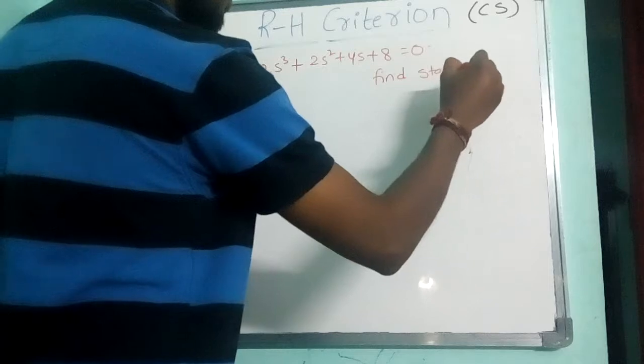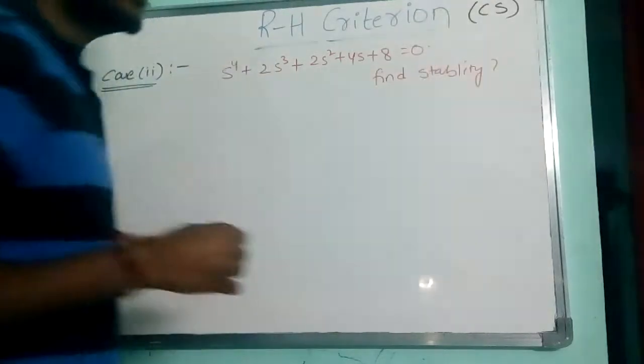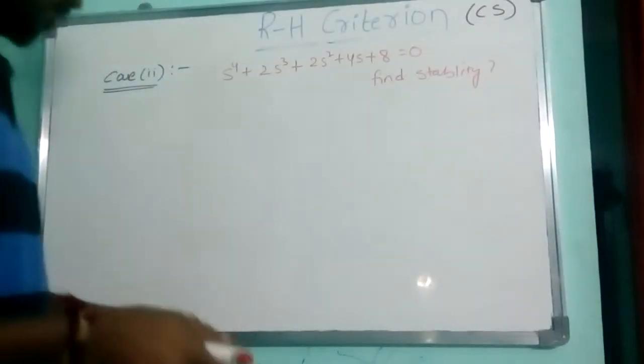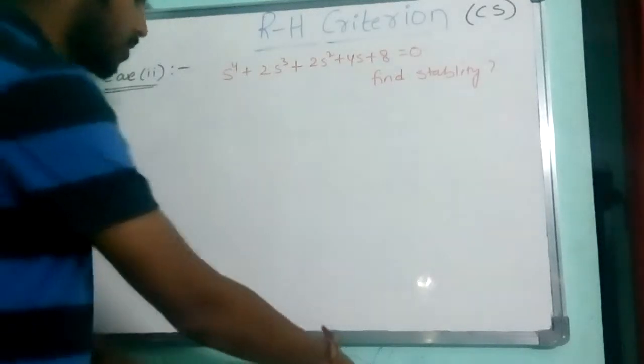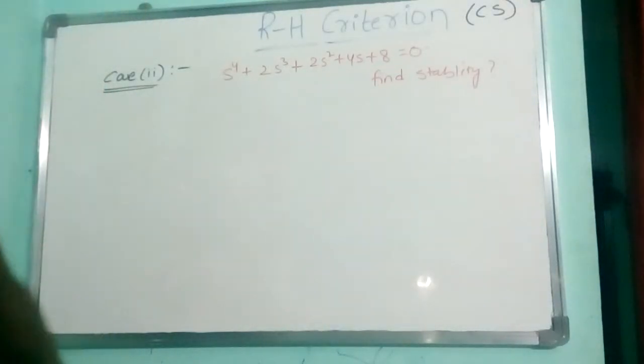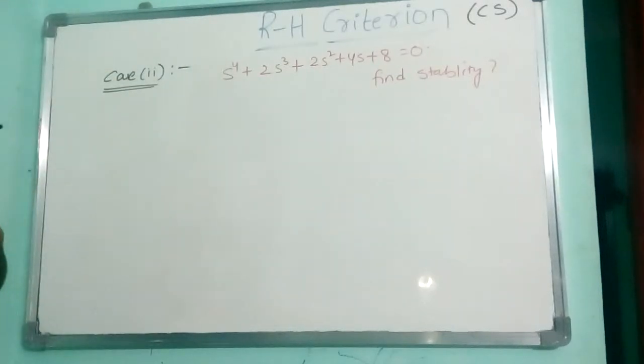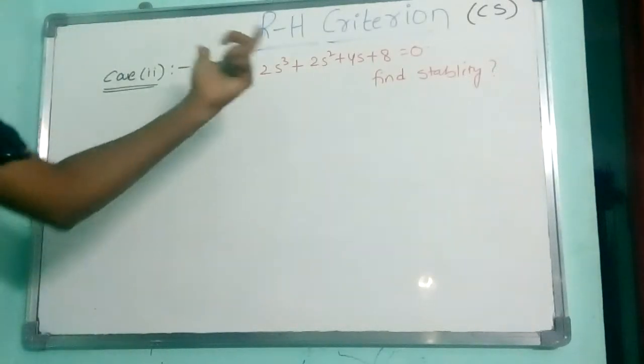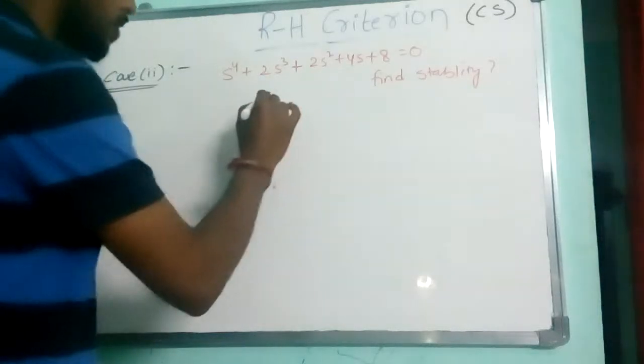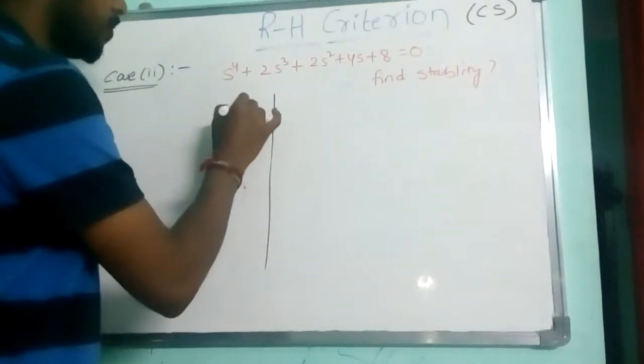That means whether the system is stable or unstable. Now for this, as usual we need to go for the Routh array. Why? Because this is the fourth power. We cannot define it directly as for the third power.